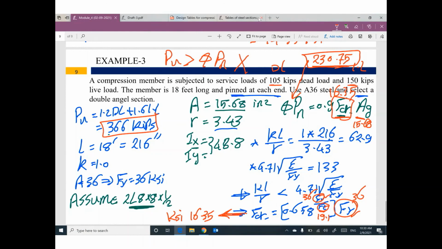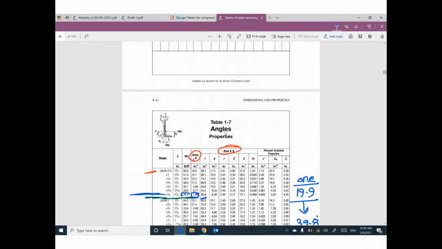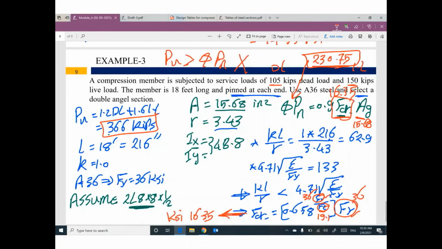Okay, if you open the table, do you think we have a bigger one? This is the biggest one, 8 by 8 by 1/2. Probably you can use this one with a greater thickness, but I believe it will not work. Anyway, you need to increase the cross section.